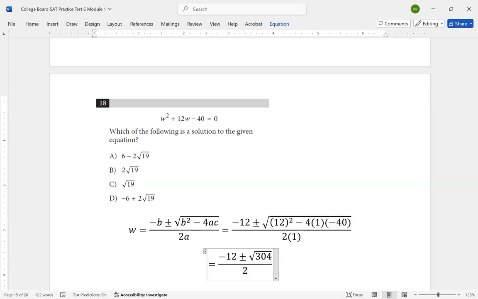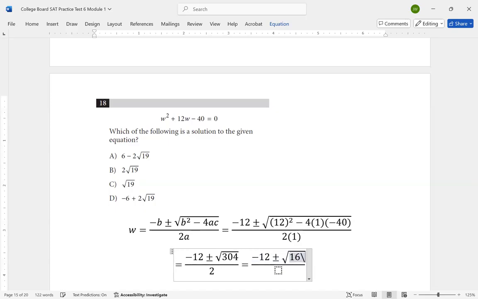304 is 16 times 19. That's the best way to do it. So you can do it other ways. I was thinking about doing it other ways. I'll do 16 times 19.